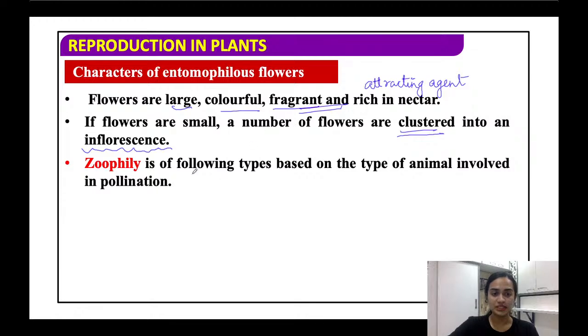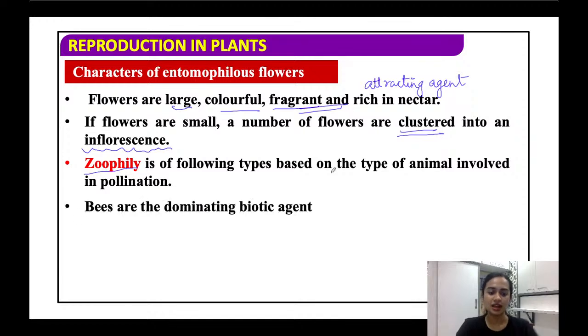Zoophily is of the following types based on the type of animal involved in pollination. Basically, zoophily refers to any animal. It can be an insect, a bird, a bat, a snake, anything. Bees are the dominating biotic agent. So bees are the most common agents for pollination.